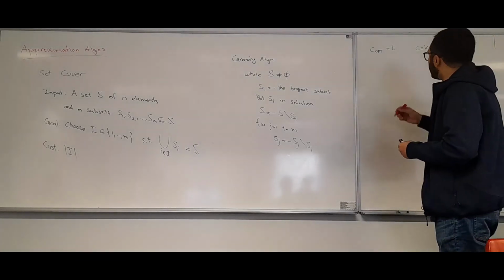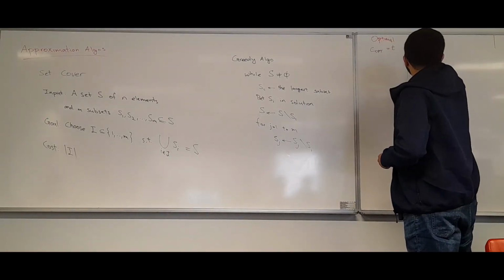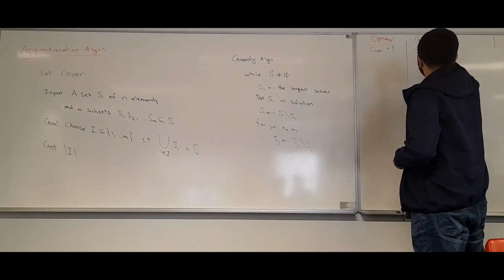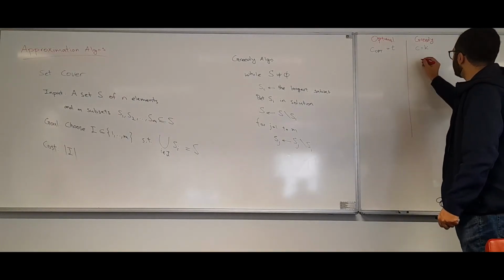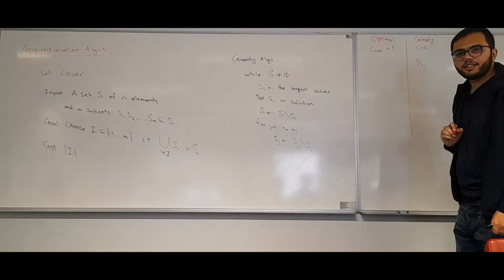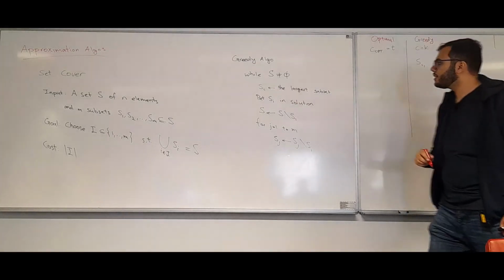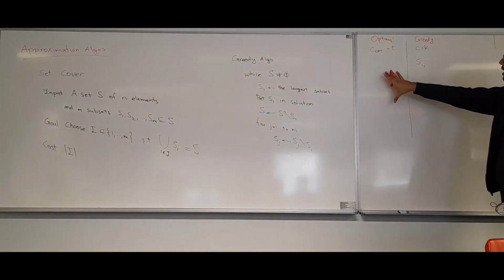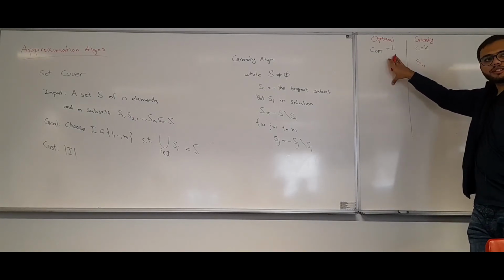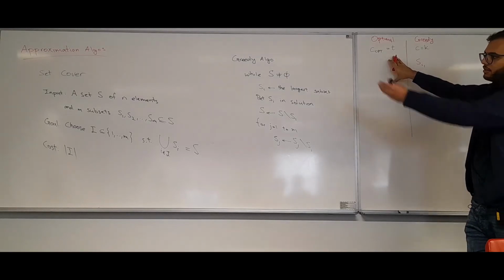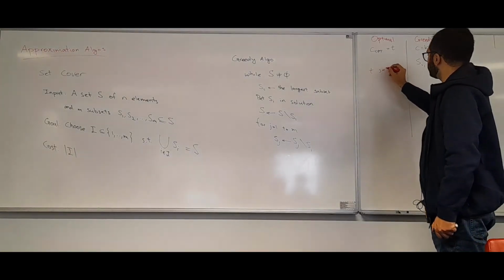So here's the thing. Let's say I have my optimal algorithm here, and I have my greedy algorithm here, right? And let's say that the first set that I took in my greedy algorithm was S_i1. Okay, so this 1 is the number of the iteration in the while, and S_i is just S_i. Now, here, I know that I could just take T different sets, and those T sets covered all of my main set S, right? So here I have T subsets.